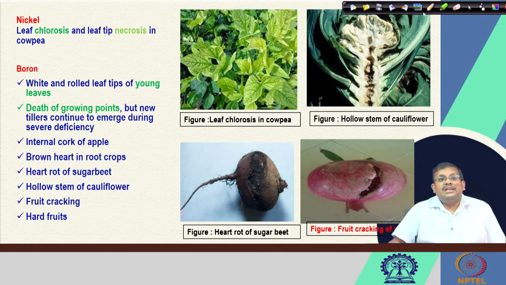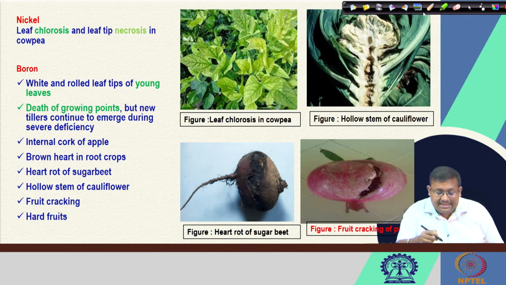In case of boron, we can see white and rolled leaf tips of younger leaves, then death of growing points. However, new tillers continue to emerge during severe deficiency. Internal cork of apple, brown heart in root crops, heart rot of sugar beet, hollow stem of cauliflower, fruit cracking and hard fruits are all symptoms of boron deficiency.